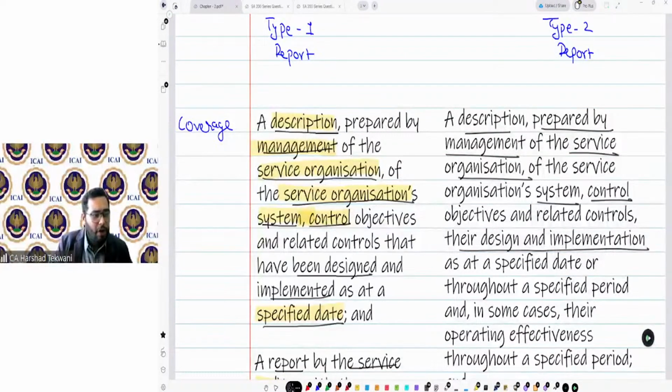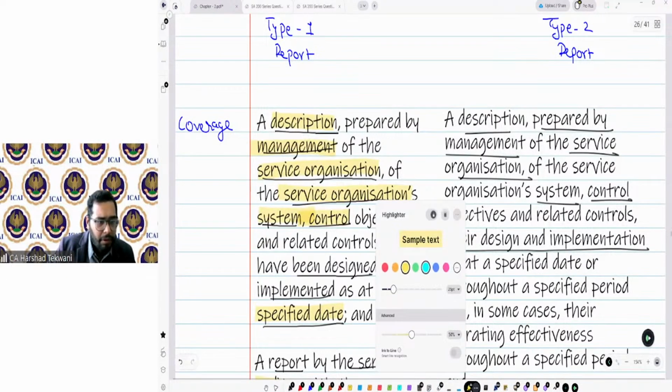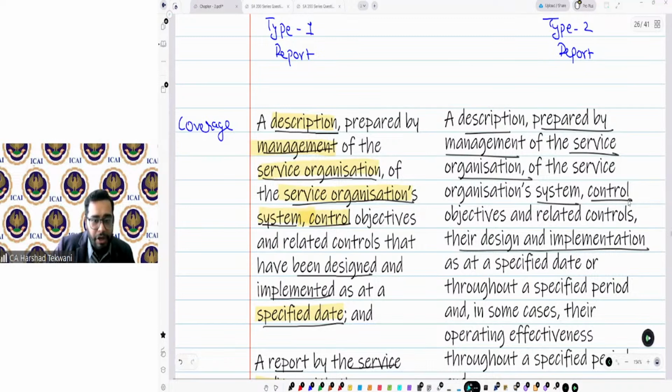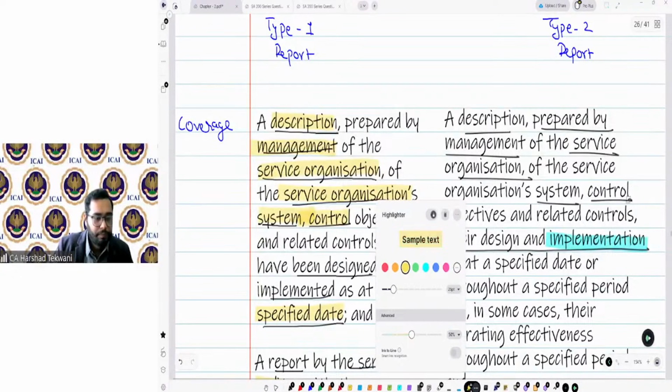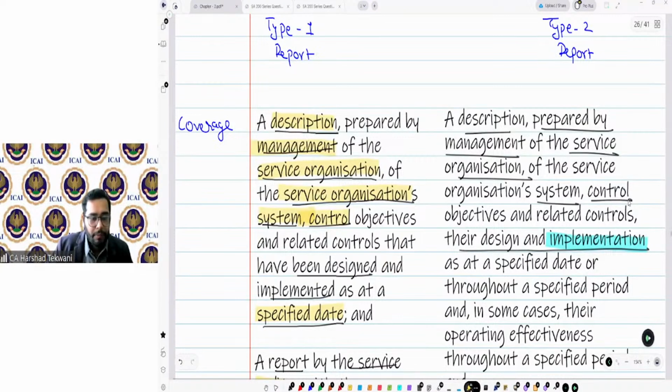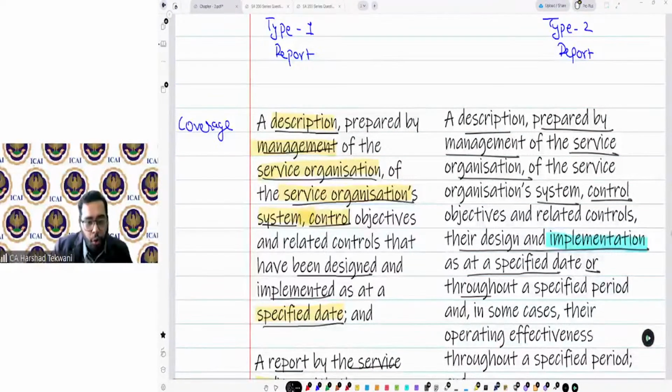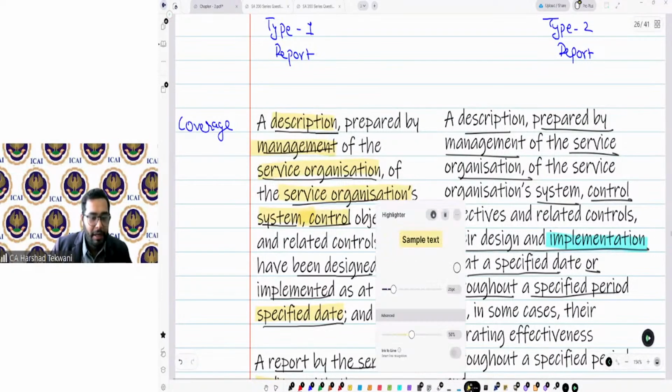See, till now we were talking about only design. I'll highlight the new word over here: implementation. Till now we were only talking about design; now we are talking about implementation also, as at a specified date or throughout a specified period. We were not talking about the period till now.